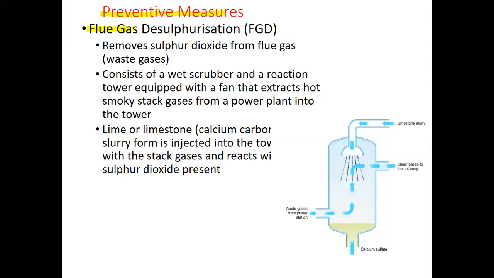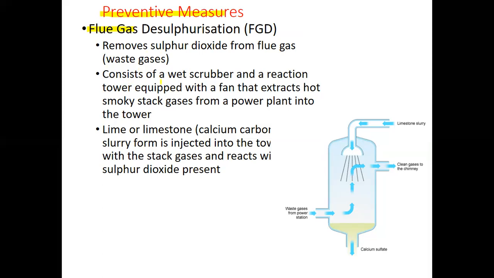This flue gas consists of SOx, NOx, CO2, maybe CO, and an excess amount of oxygen. So this flue gas can be desulfurized. That means the sulfur compounds can be removed by using scrubbers.